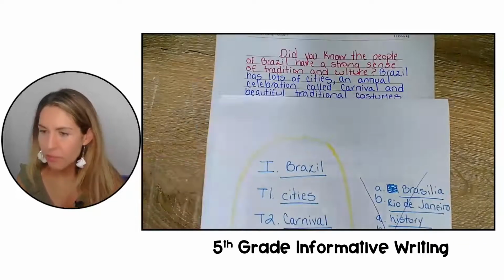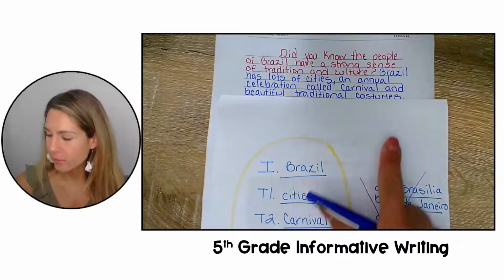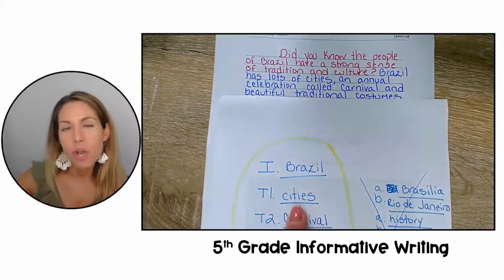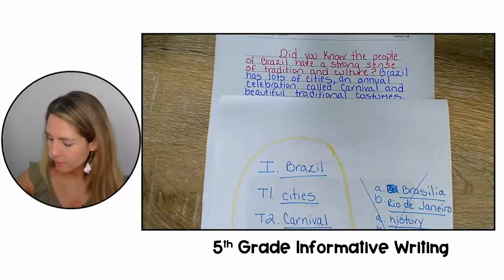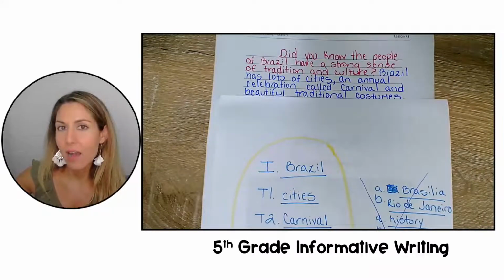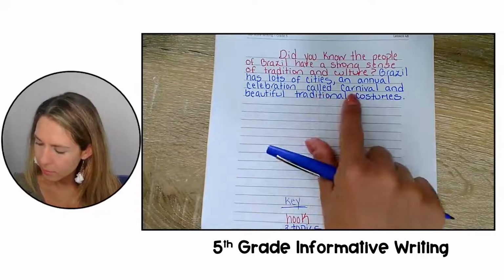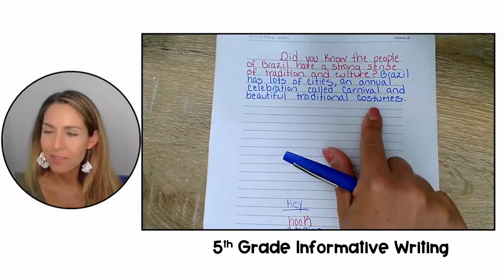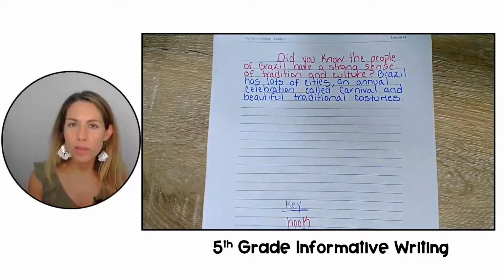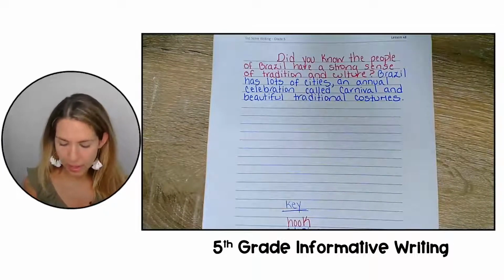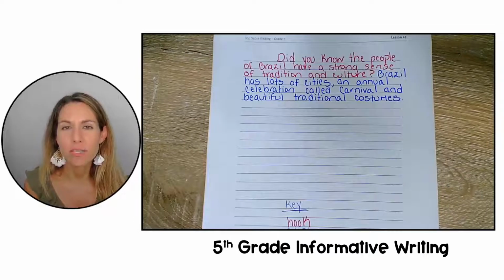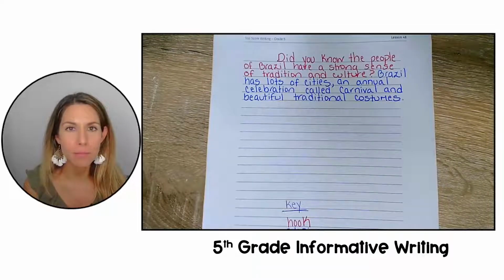So I have included my controlling idea, Brazil. Then I mentioned all 3 topics: cities, Carnival, and costumes. Now, I want to point something out for you. I didn't just take my 3 topics and list them in a row with commas.